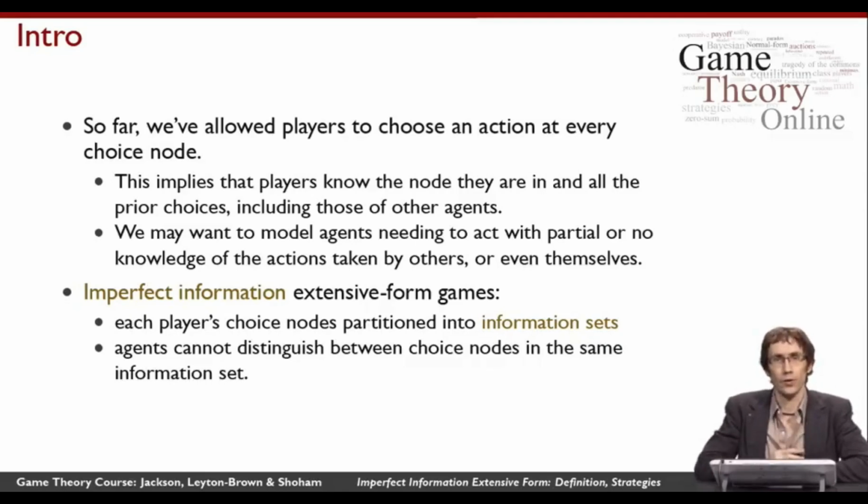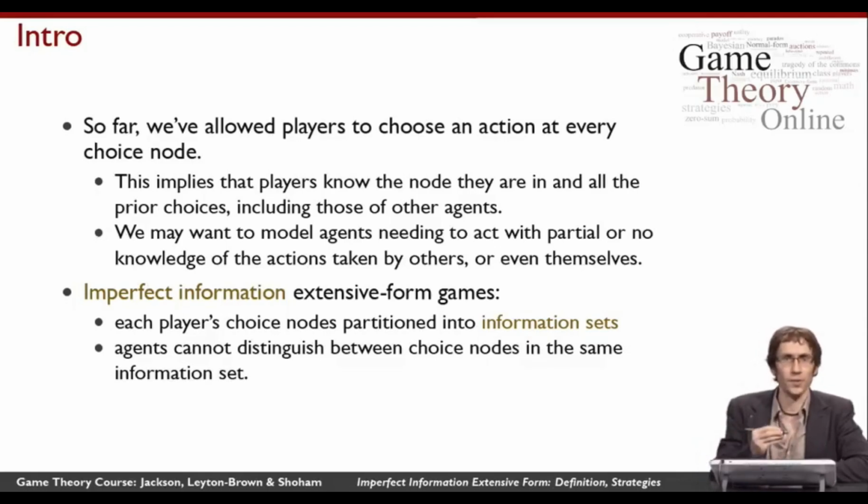So in order to model this richer situation where players aren't able to observe everything that their opponents do, we're going to add something new to the game representation. We're going to call it the imperfect information extensive form. We're going to take the old definition that we had before, but we're going to say that players consider some choice nodes to be equivalent to each other.